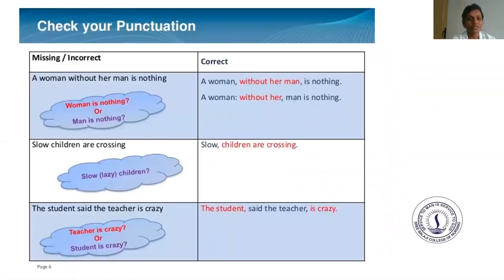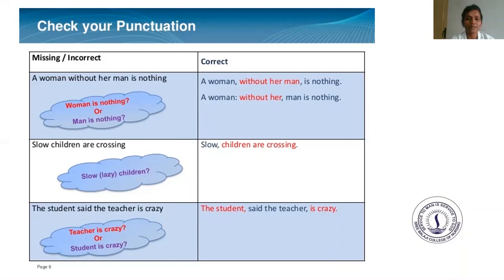Check your punctuation, missing or incorrect. So a woman without her man is nothing.